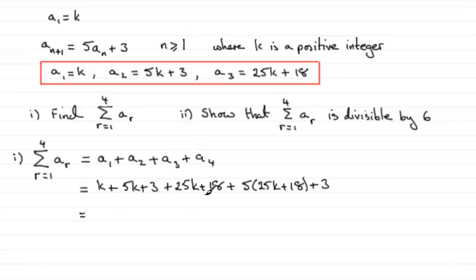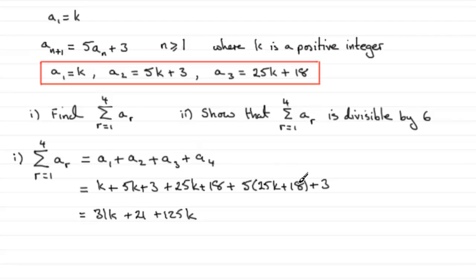So I think we should expand this bracket actually. We could group together whilst we're here the k, the 5k and the 25k, so that's going to give us 31k. That will slim it down a bit. And then we've got the 3 and the 18, so that's going to be 21. And if we expand this bracket, we've got 5 lots of 25k, so that's going to be a further 125k.